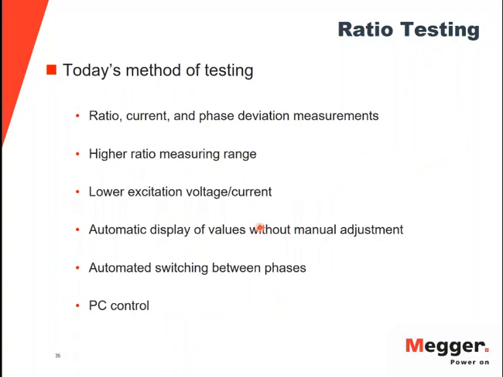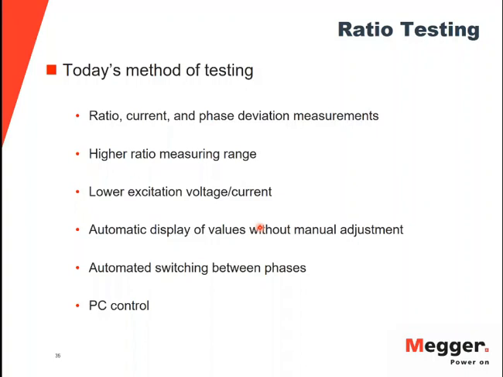Then we talk about today's instrument where everything is automated, and when I say everything is automated, you enter the nameplate information and then it would do the test on all three phases, one phase at a time. It would calculate the measured voltage ratio.